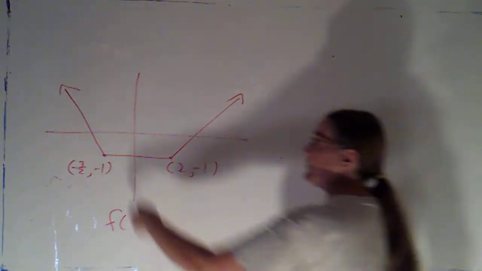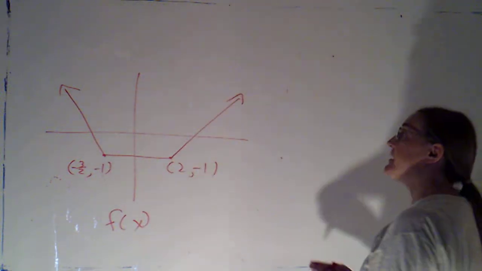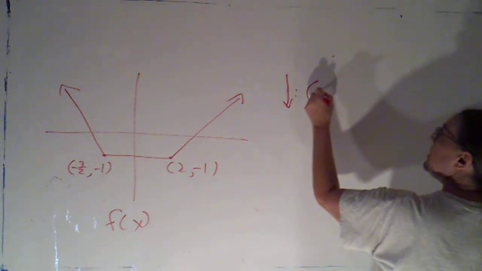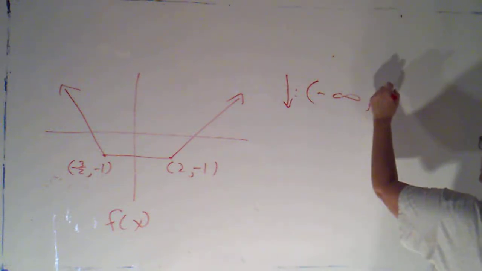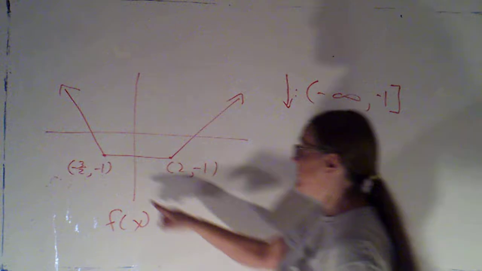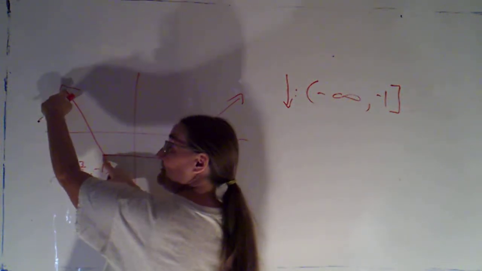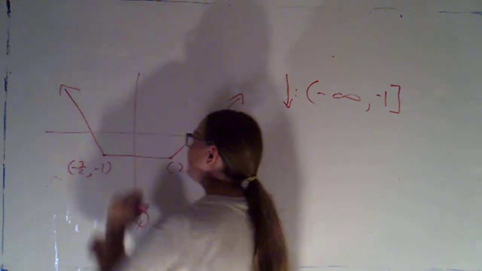So I can see this function, we go down, then we're constant, then we go up. So I could say we're decreasing from negative infinity until we hit negative 1, and I'm going to include that finite endpoint, because if I compare the value there to anything to the left of it, my left hand is higher than my right hand.